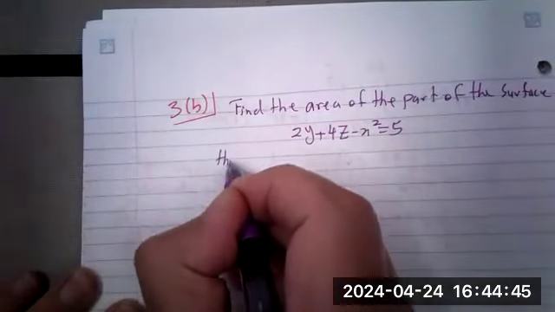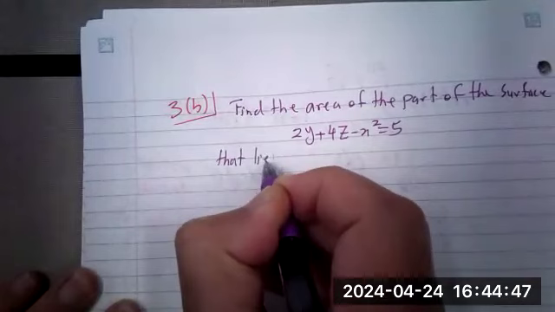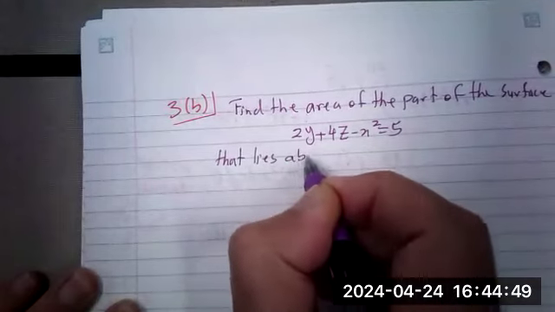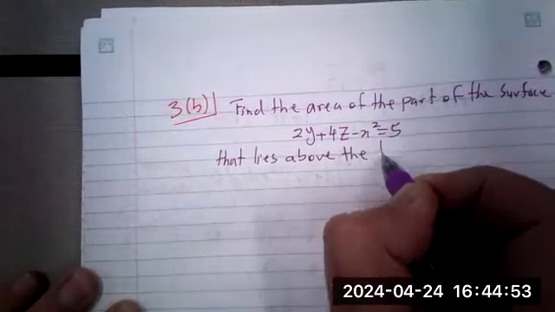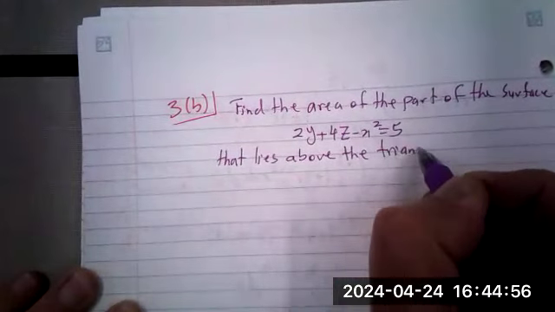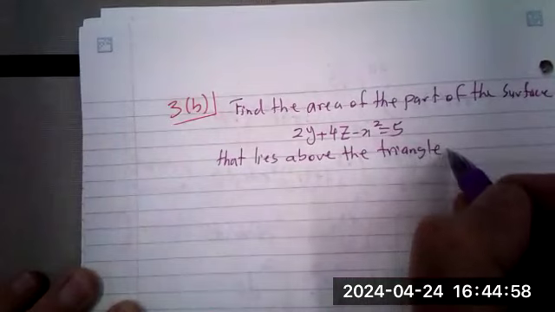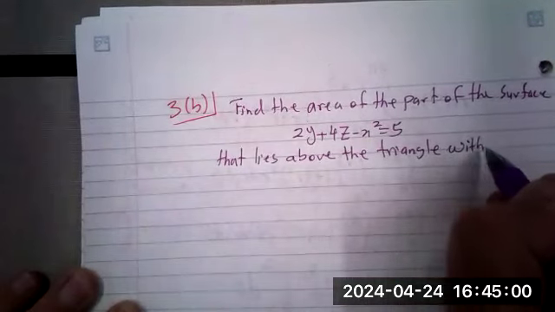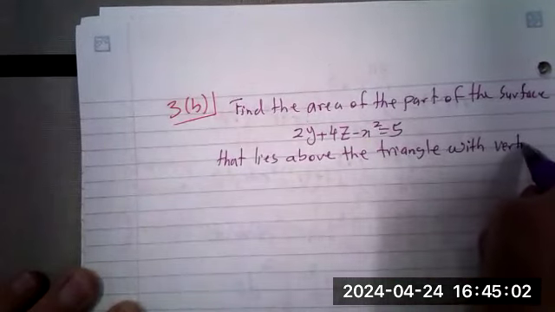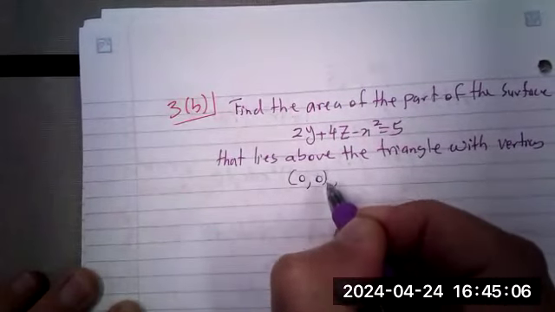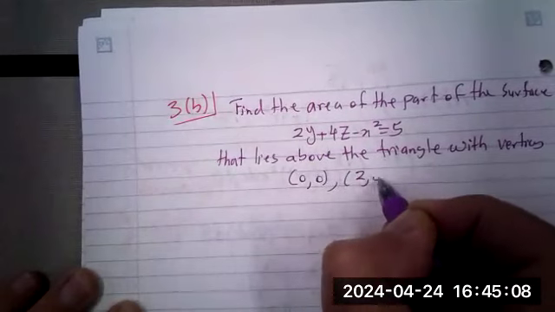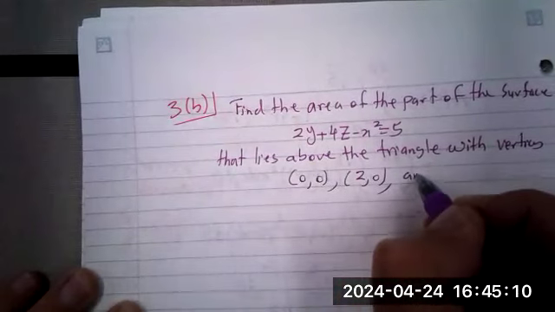Okay, want to do this one that lies above, okay, above this triangle with the following vertices. These are the vertices 0, 0, 2, 0, and 2, 4.